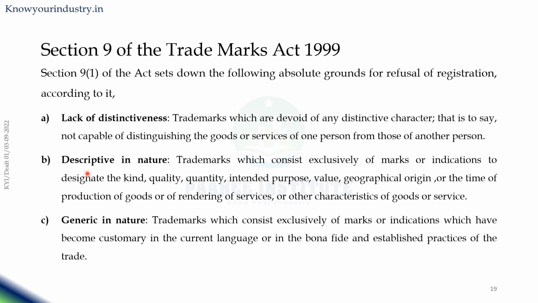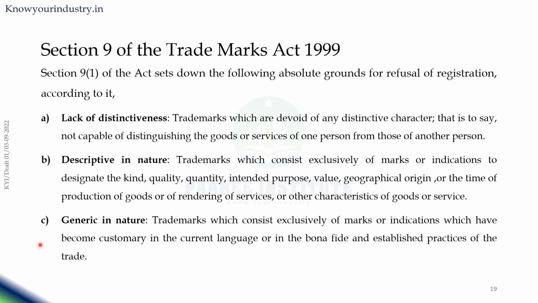Second, if the trademarks are descriptive in nature, meaning trademarks which consist exclusively of marks or indications to describe the kind, quality, quantity, intended purpose, value, geographical origin, or the time of production of goods or of rendering of services, or other characteristics of goods or services, then those trademarks will not get registration.